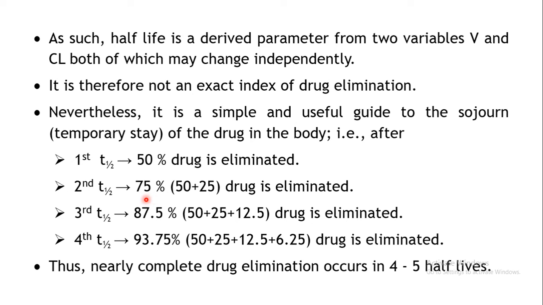Now once 75% has been removed, what is the remaining amount of drug in your body? It's 25%, which is left in your body, right? So out of that 25%, again half of it will be removed in the next T half-life. So after third T half-life, what will be the amount which is removed?